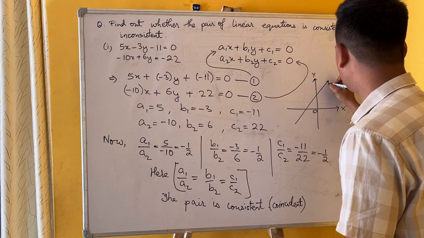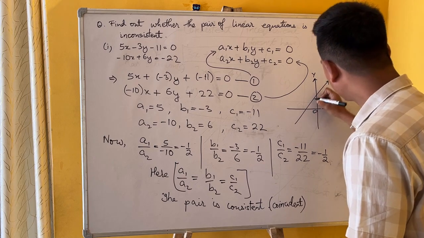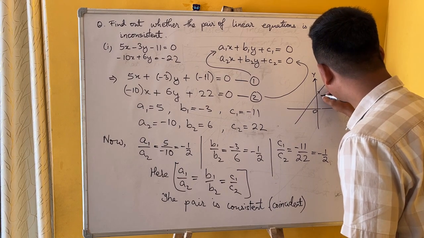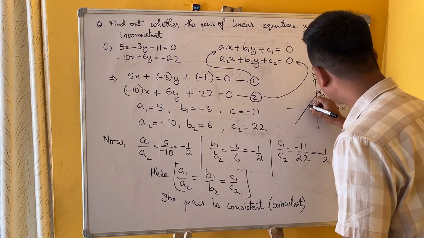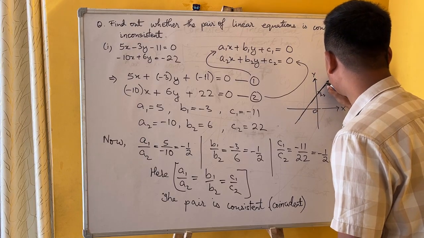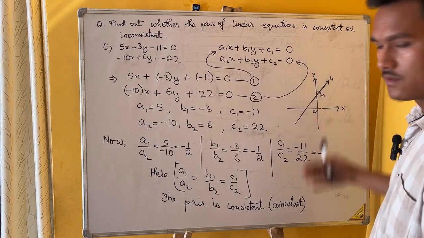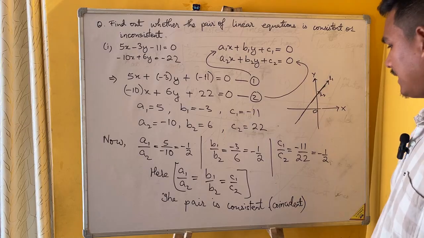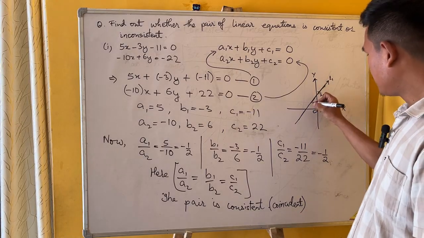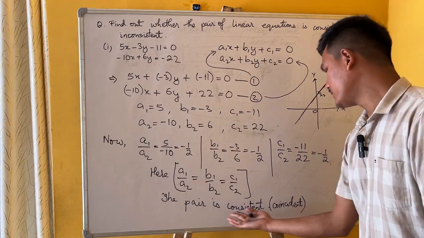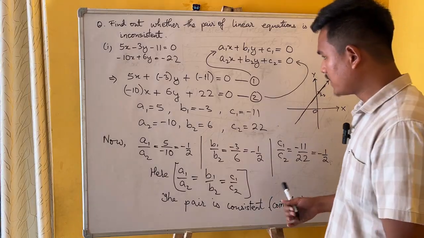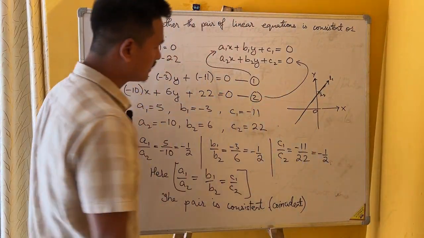If this is line 1, another line is also lying on top of this. L2 also lies on top of L1. So this is a pair of coincident lines. So it has infinite solutions, and the pair is consistent. That's it. Now let's move on to another question.